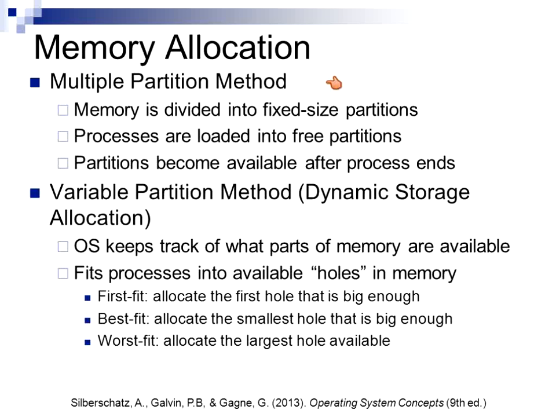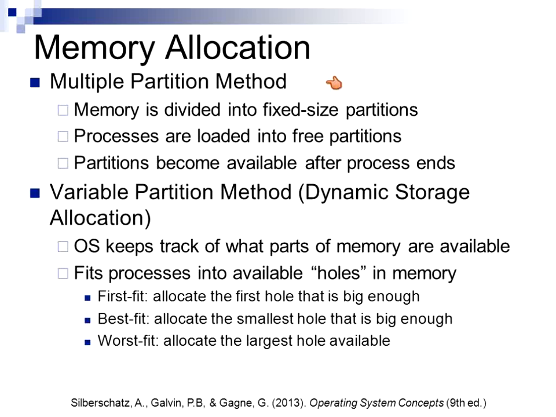You could assume that's kind of what memory would look like with multiple partitions, where each partition is a fixed size of memory, and we simply load a process into that fixed size. So you want your partitions to be big enough so that the entire process can fit into that partition. And there may be space left over in that partition.